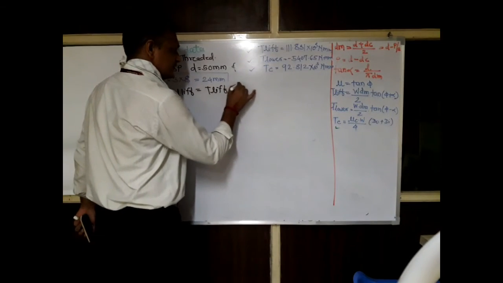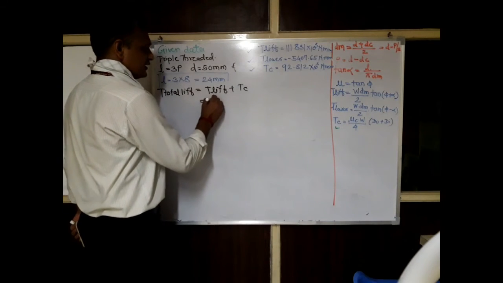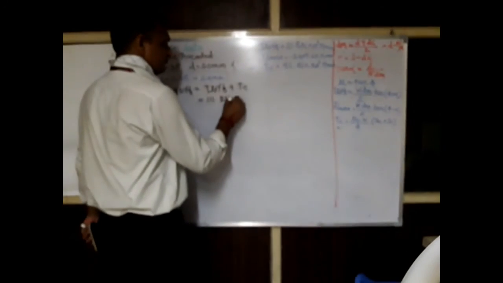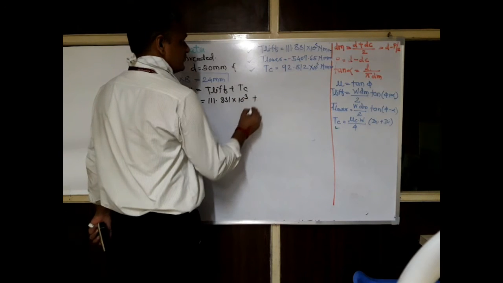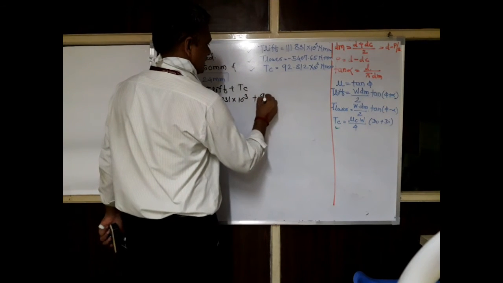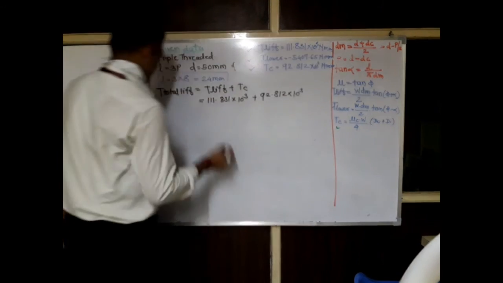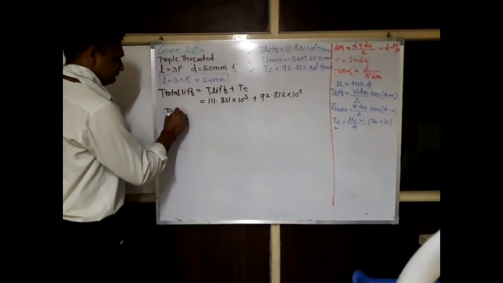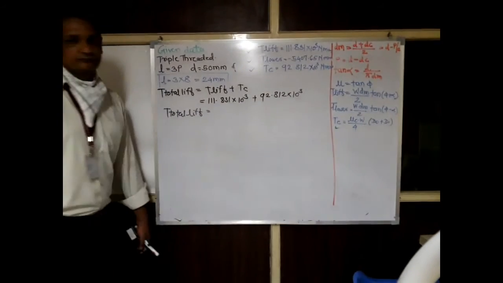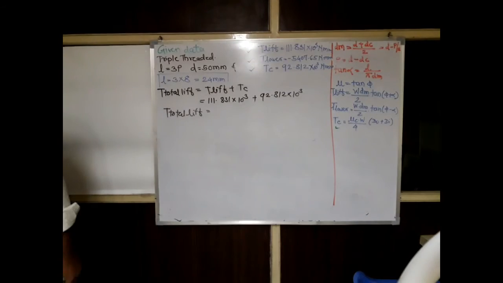T total lift is equal to T lift plus collar friction torque. What is this T lift? 111.831 into 10 raised to 3 plus collar friction torque 92.812 into 10 raised to 3. Now calculate by the calculator. How much is the value of T total lift?